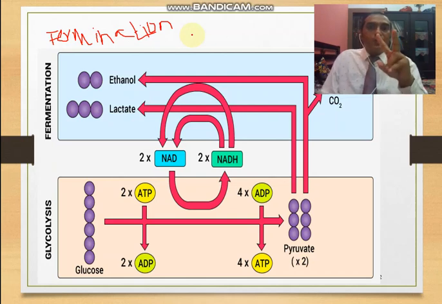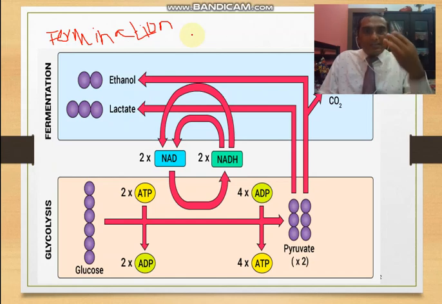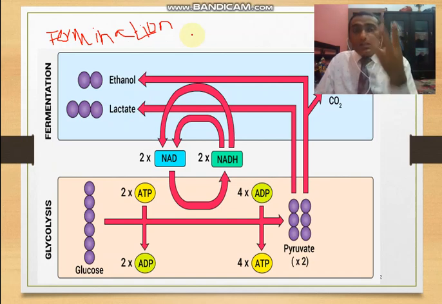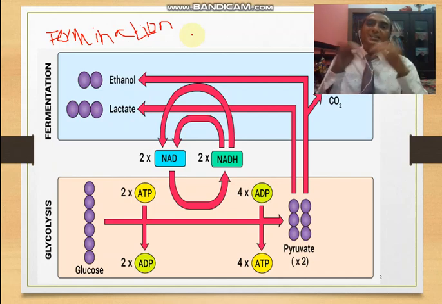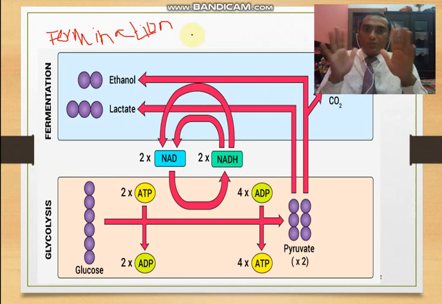Glycolysis breaks one six carbon glucose, anaerobically, or we can say without oxygen, into two three carbon pyruvates, or pyruvic acid. This pyruvic acid is common to both aerobic and anaerobic respiration.